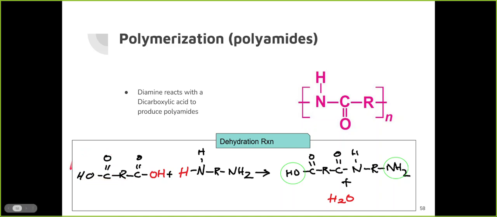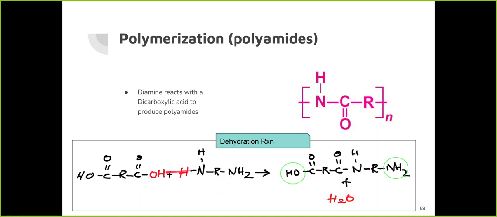This is a COOH and a COOH. And then here we have a diamine. We've got an NH2 on this side and an NH2 on this side. And you'll take the hydrogen off of the nitrogen and the OH, the hydroxy group, off of one side of the carboxylic acid and give you water.